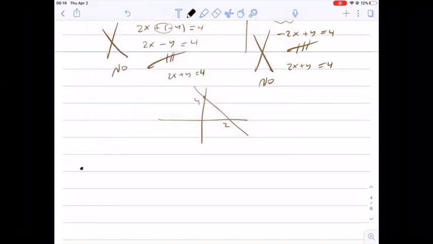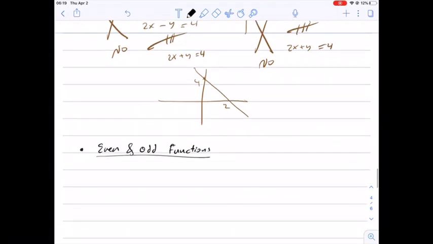Now the next concept is even and odd functions. So we say that the function f of x is an even function if f of negative x equals f of x. This is closely related to what we discussed in the symmetry part.